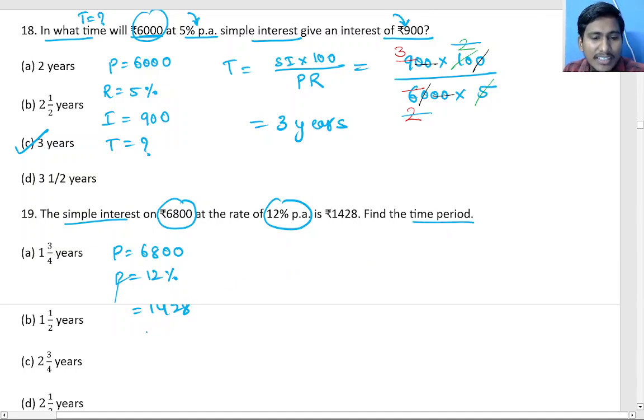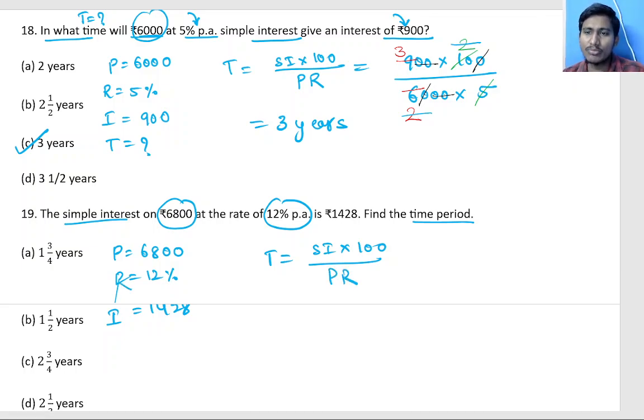So how do we find the time period here? Time period is simple interest into 100 divided by how much? We have to find the time period, so PR, isn't it? We have to divide with PR.